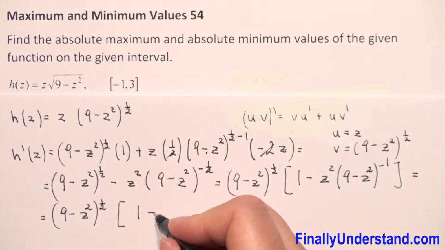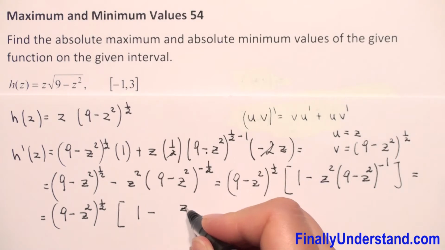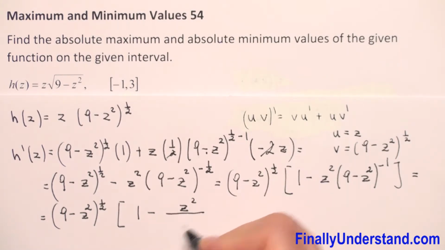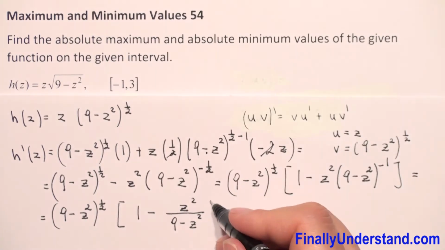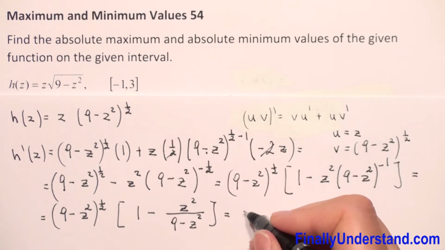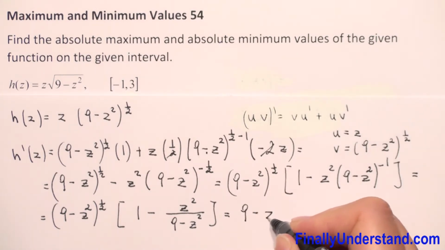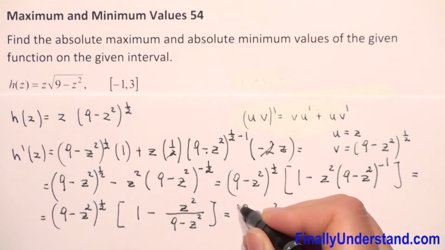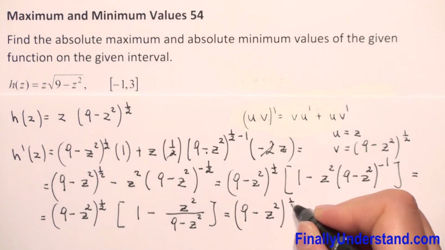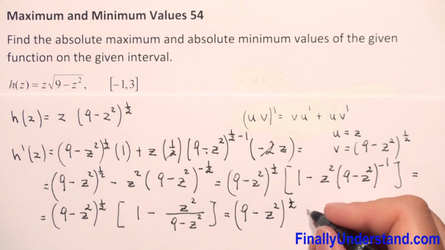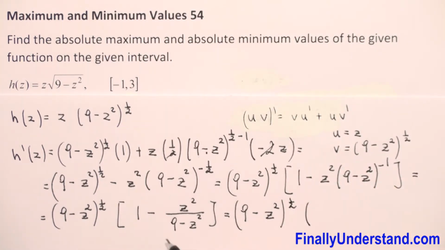So we have 1 minus z squared over 9 minus z squared to the first power, so we don't have to write it. So this is equal to (9 minus z squared) to the 1/2 power, and in parentheses, because we have a fraction, I will change this 1 to a fraction too.